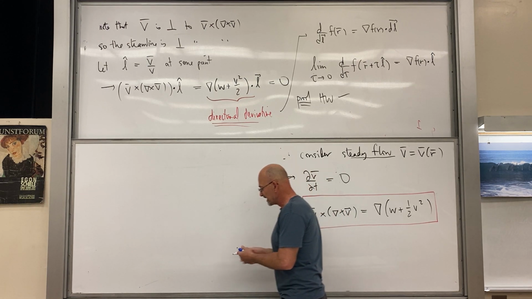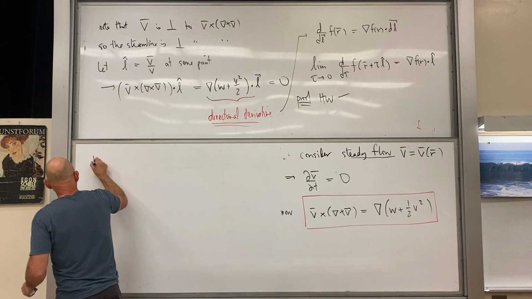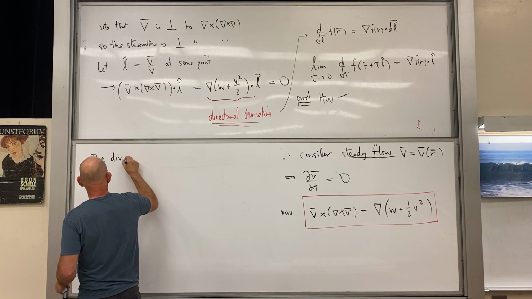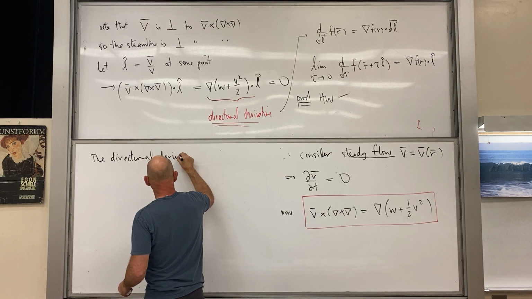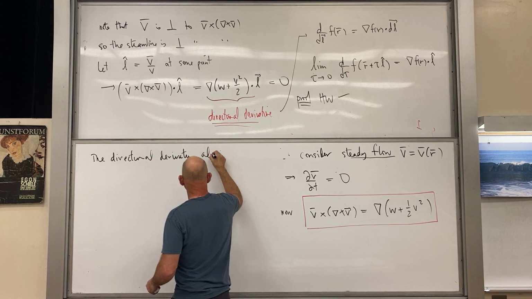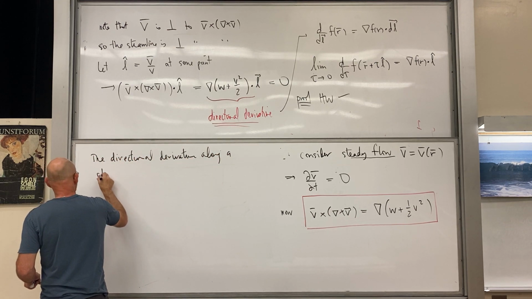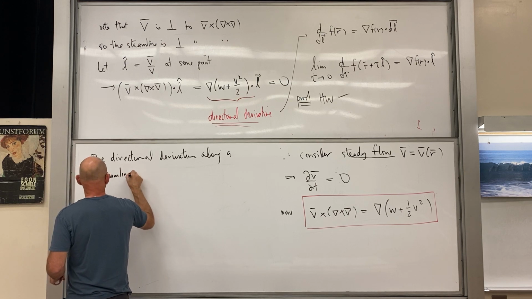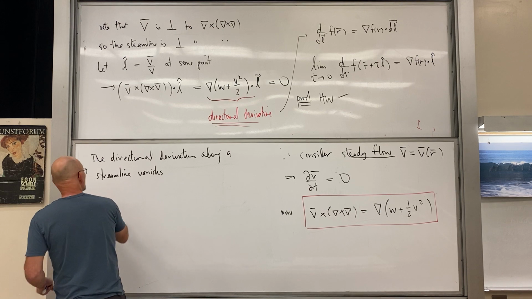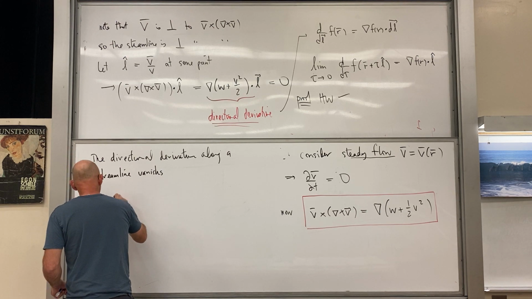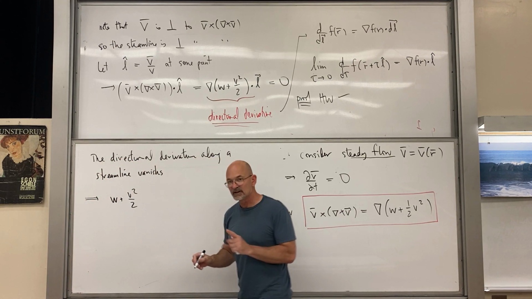So with that, we actually inherit a really powerful equation. The directional derivative along a streamline vanishes, and that means that our expression w plus v squared over 2 is constant along a streamline.